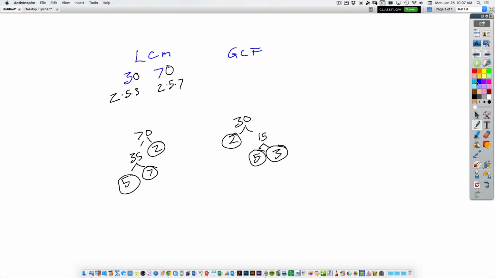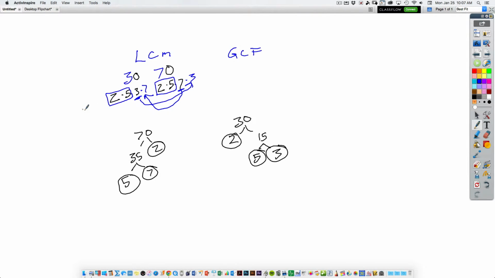And what I want to do is look at it and say, look, I have a 2 and a 5 on both sides, but I need a 3 over here, and I need a 7 over here. So I'm going to put that times 7 and times 3.